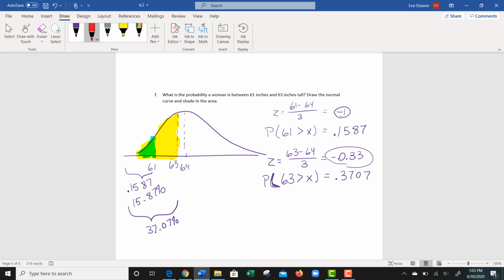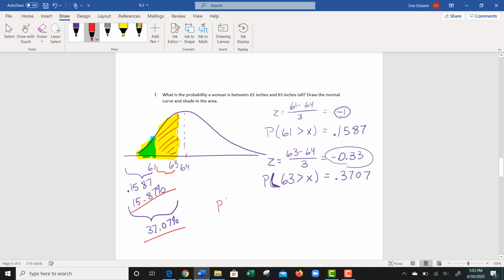Now here's the deal. I want to find this probability in between these two. So since I want to find the probability between these two, what I'm going to do is take the larger percentage minus the smaller percentage. That's going to give me this area in between them.